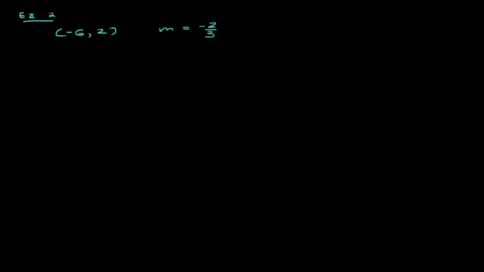So let's start with that point slope formula again, which is y minus y1 is equal to m times (x minus x1). Let's sub in those values. You're getting y minus 2, and you're getting m.